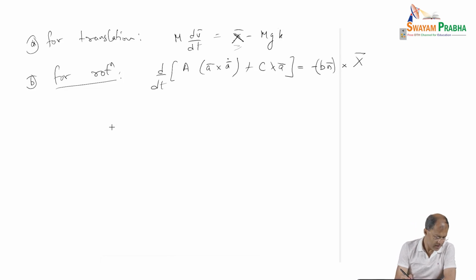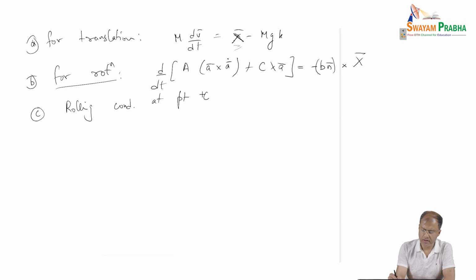And then we also would like to impose the rolling condition. Remember in the problem we have assumed that the wheel rolls, not slips. So the rolling condition at point C, right?